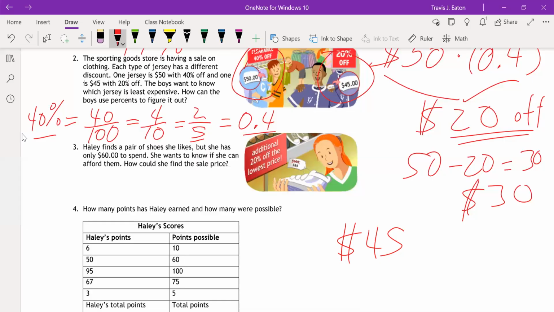So if I take that $45 and multiply it times 80%, which would be 0.8, I could go through that whole process like we did with the 40. 80% would be 80 out of 100, which would be 8/10, which would be 4/5, which would be 0.8. But anyway, 45 multiplied by 0.8 is $36.